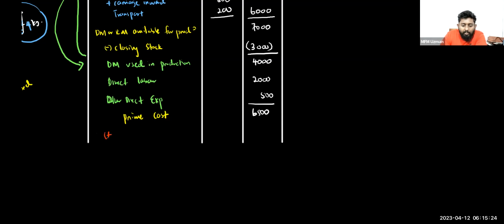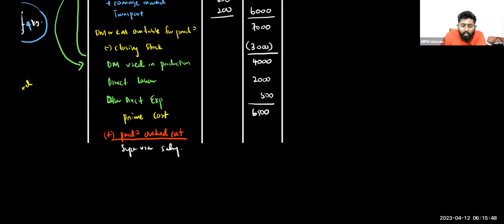I should add production overhead cost. When you add the production overhead cost, you don't need to put headings like indirect material, indirect labor and all. You have to record all expenses. For example, supervisor salary, which is indirect labor.